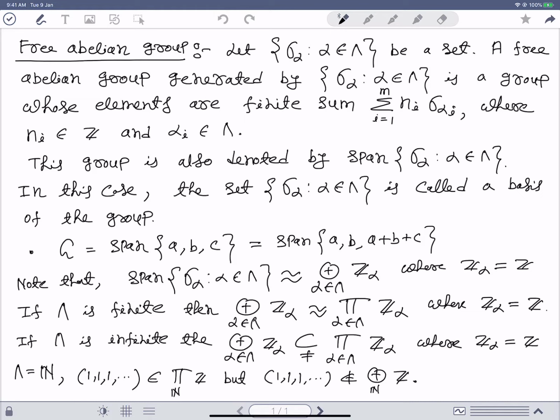So now in terms of our n maps, we shall define some free abelian groups.